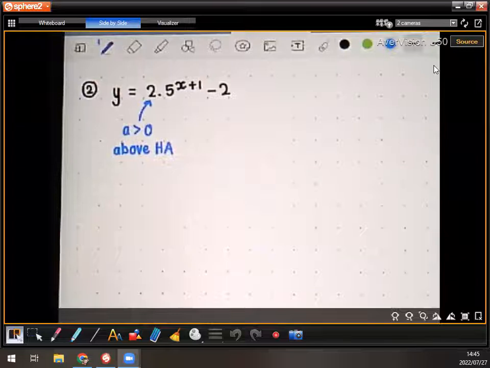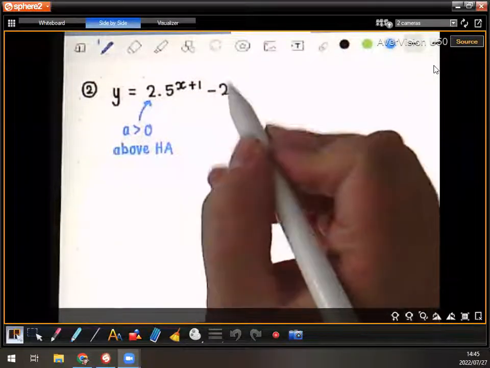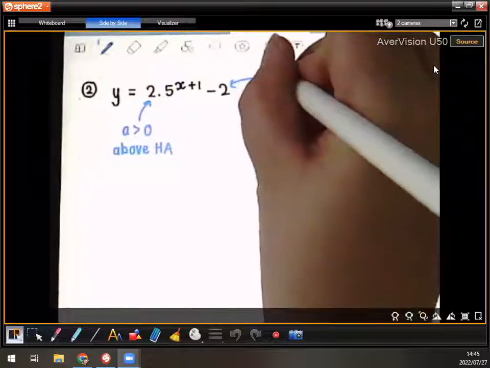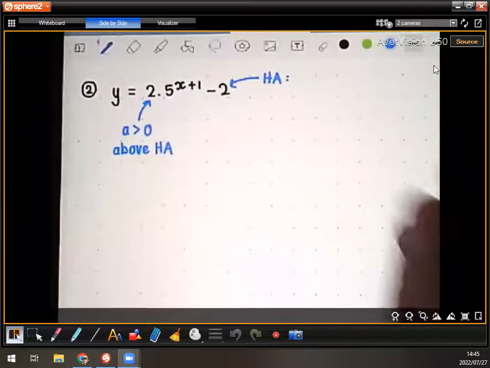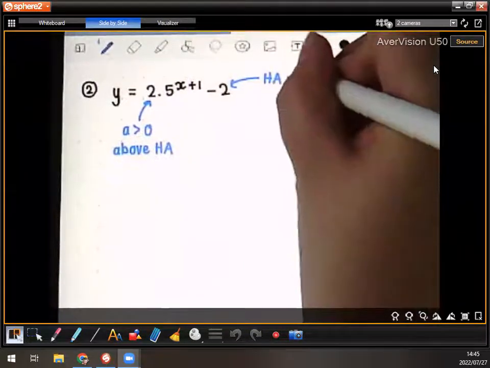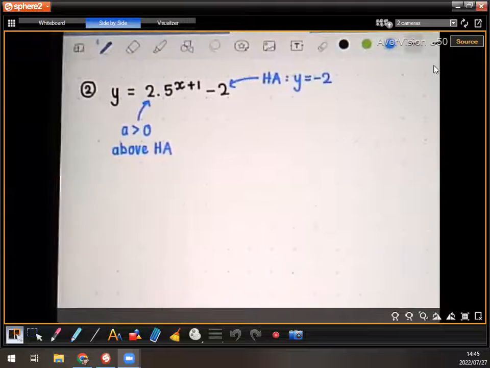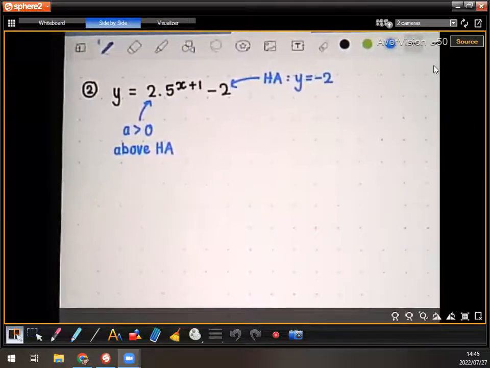What is the asymptote in this case? -2. The asymptote is y equals -2, so we are going to have to draw that in as a dotted line. In the previous one it was the x-axis, so we didn't have to draw it.